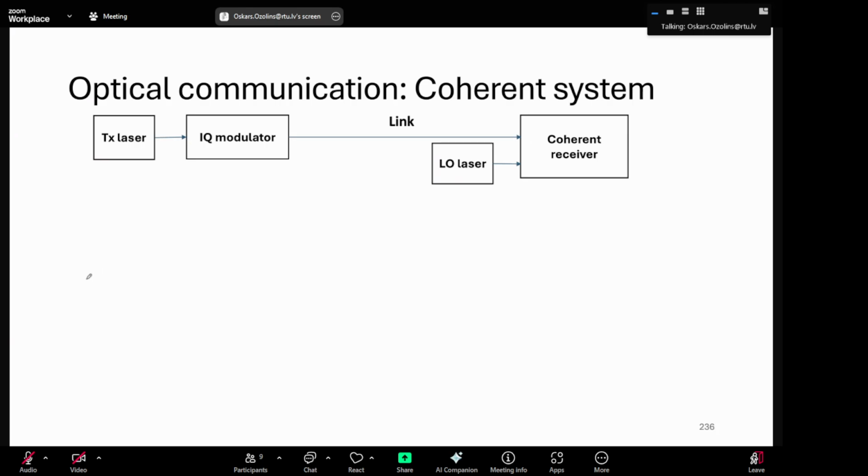Basically you have two branches, each with a Mach-Zehnder modulator where you modulate amplitude, and then you need a phase modulator as well, because you are modulating I and Q, a complex signal.